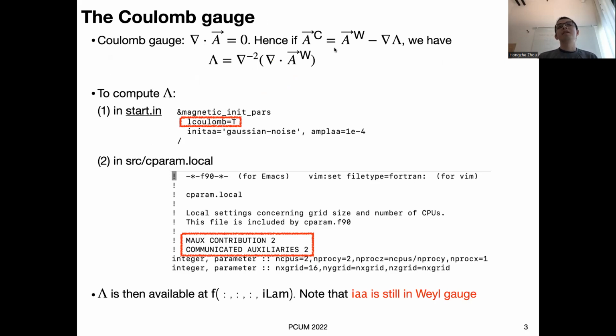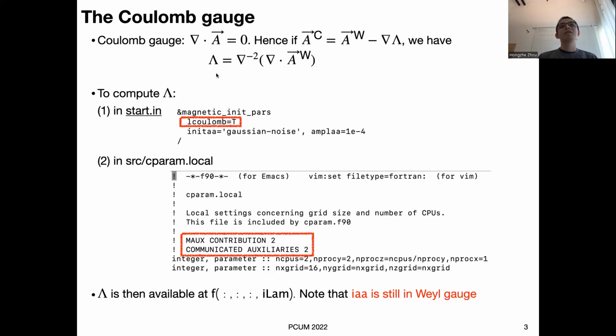Say the difference between the Coulomb gauge AC and the Weyl gauge AW is the gradient of some scalar field lambda. Then we can take the divergence on both sides of this equation, and lambda can be found by solving Poisson's equation. You take the divergence of the Weyl gauge vector potential and take the inverse of the Laplacian.